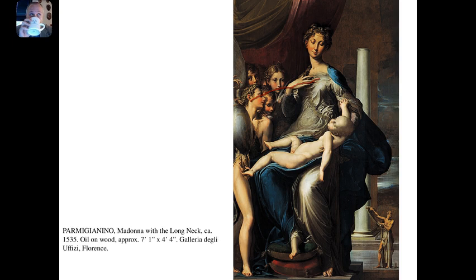There are a few symbols present. There's an unfinished column in the background, and you can see that here. And then there is an old philosopher on the lower right who's got a scroll that's unrolled, but no one is listening to him. And that's a reference to the past ideas of classicism and painting that are now irrelevant.